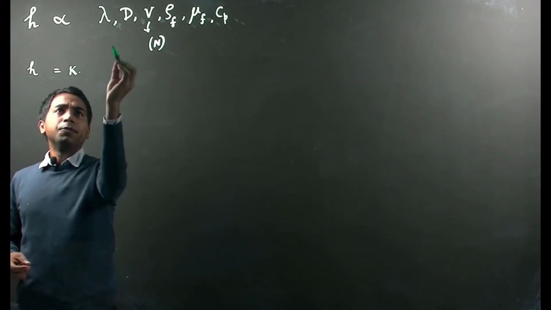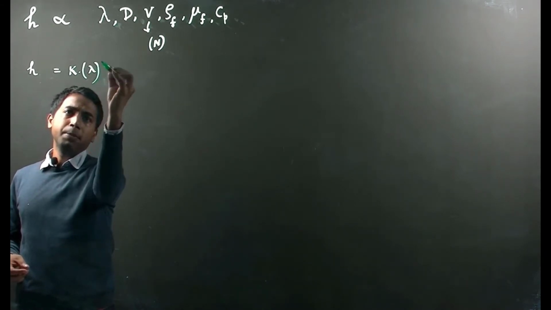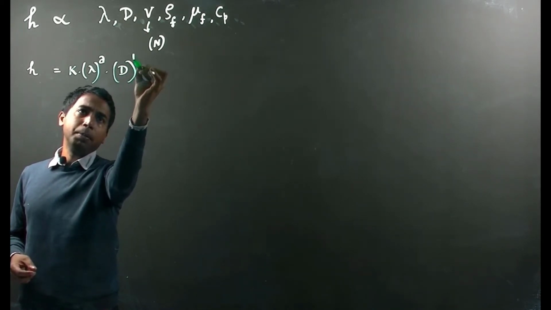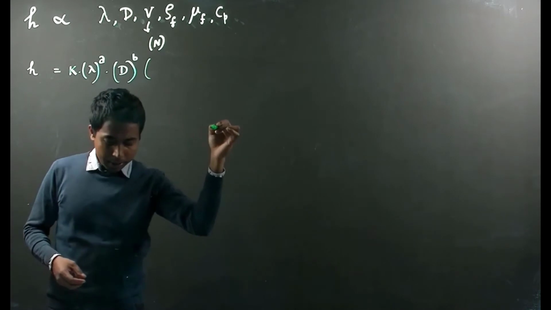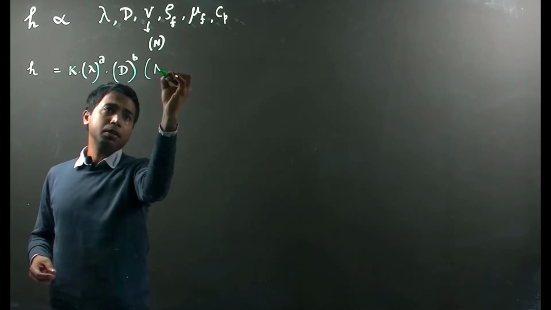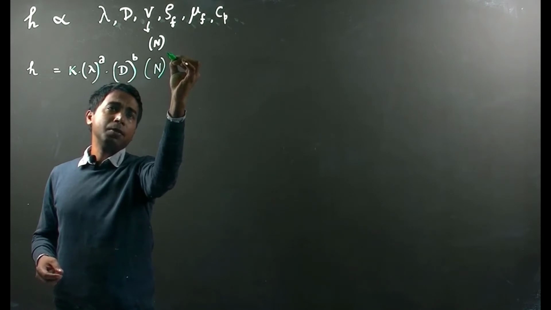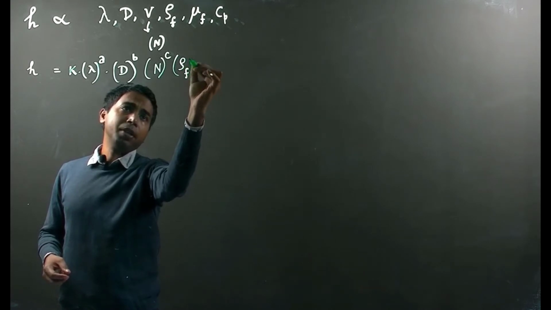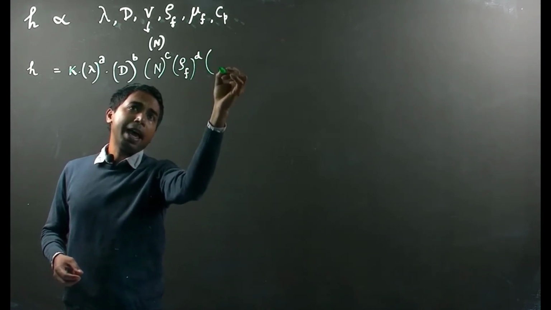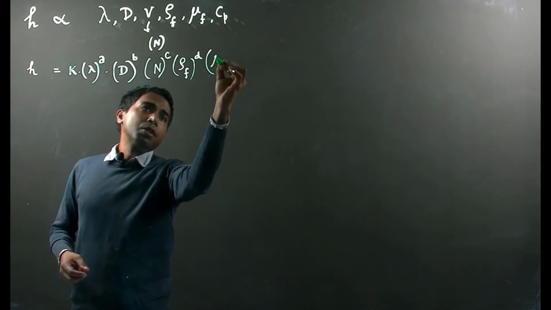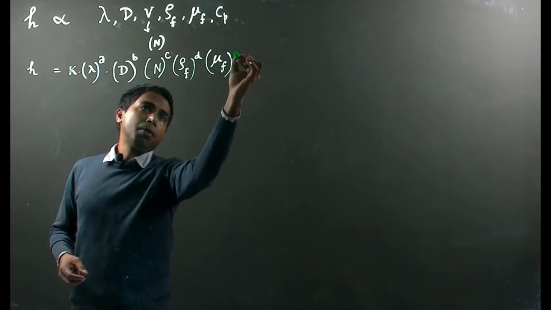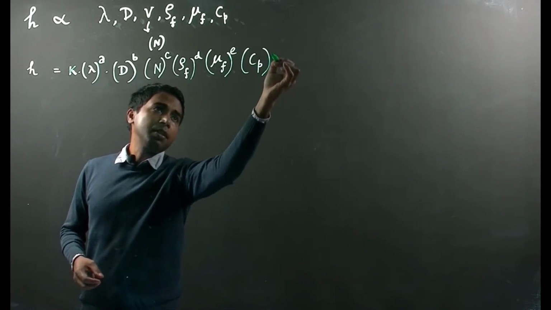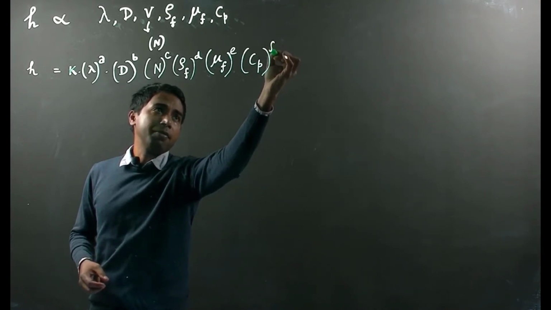Then the conductivity lambda raised to the power a, the diameter d raised to the power b, the stirring speed n raised to the power c, the density rho of the fluid raised to the power d, the viscosity mu of the fluid raised to the power e, and finally the specific heat Cp raised to the power f.